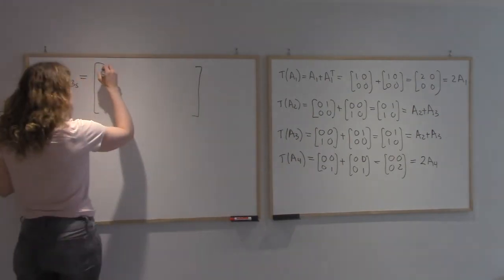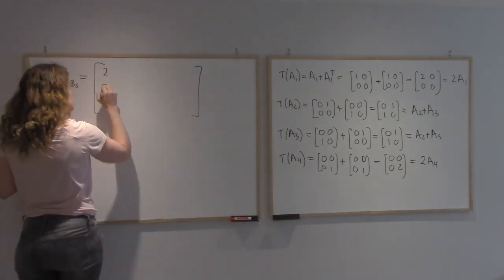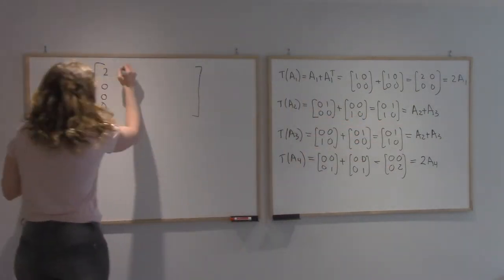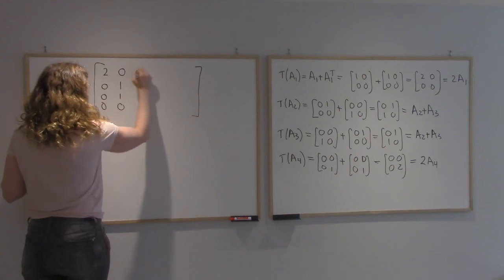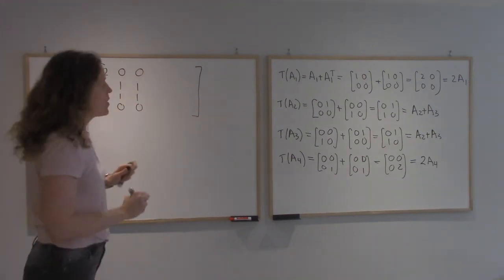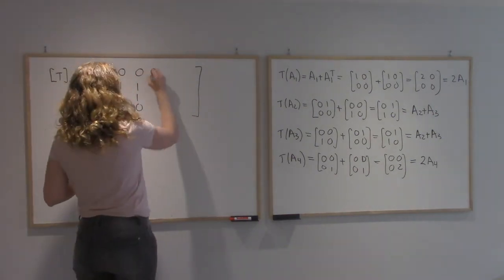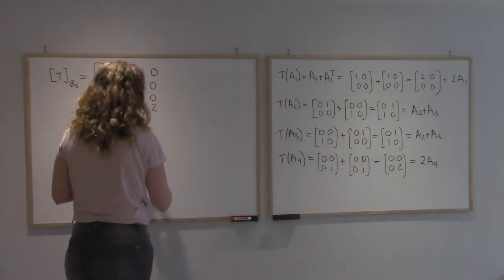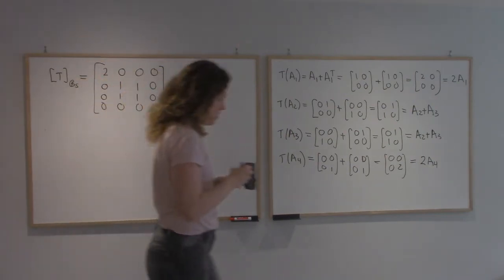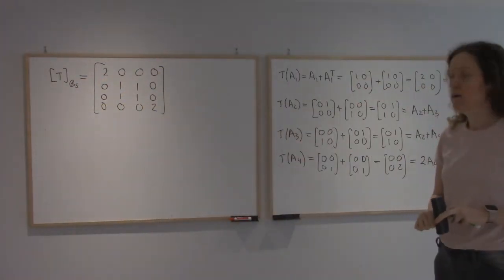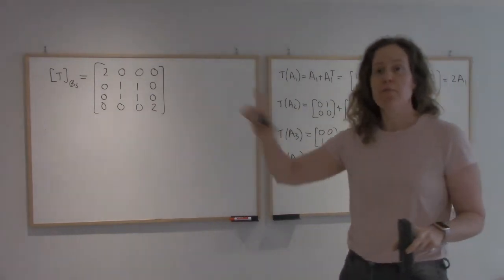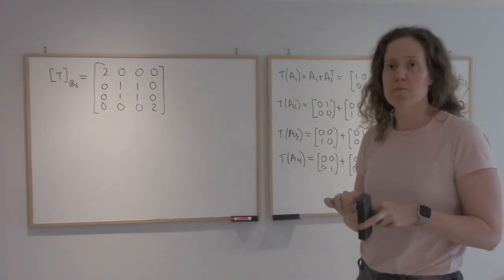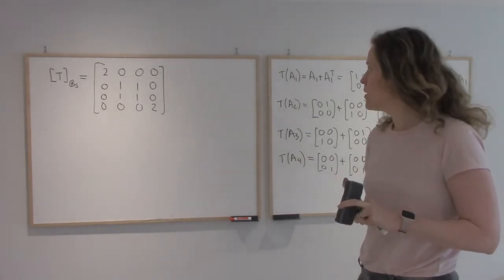So I'm going to get 2, 0, 0, 0. For the second one, it's A2 plus A3. So 0, 1, 1, 0. Same thing for T of A3. T of A4 is this. Alright, so that's the first step. Finding a matrix that represents T in any basis. I chose a simple one just to make my life easier.